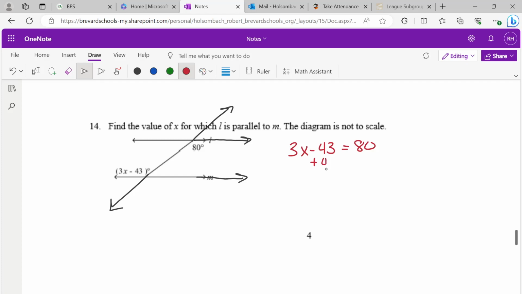So I add 43 to each side. 3x is equal to 80 plus 43 is 123. Divide both sides by 3. And our x is equal to 41.